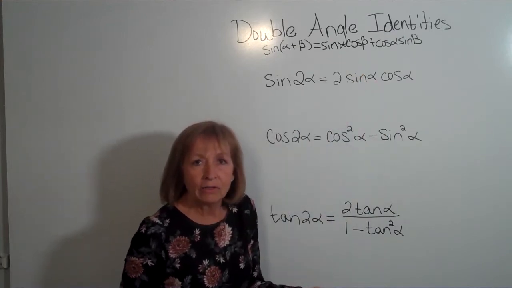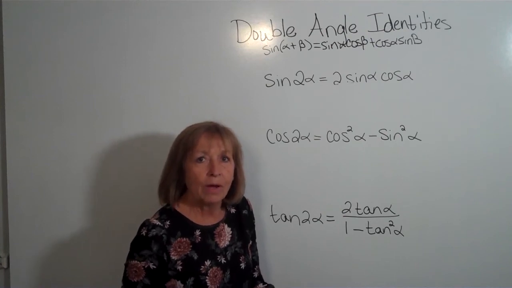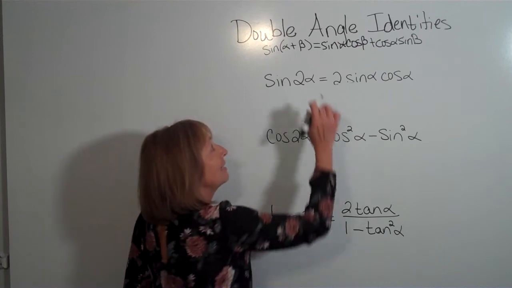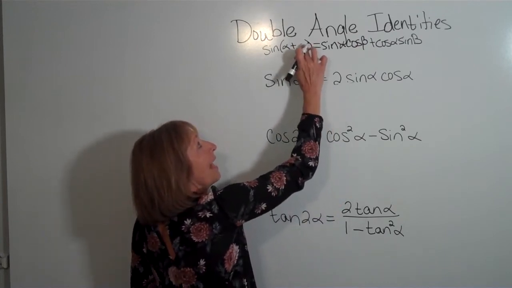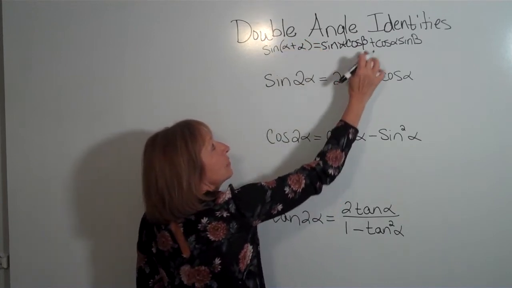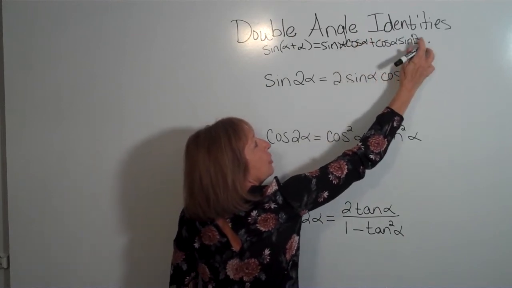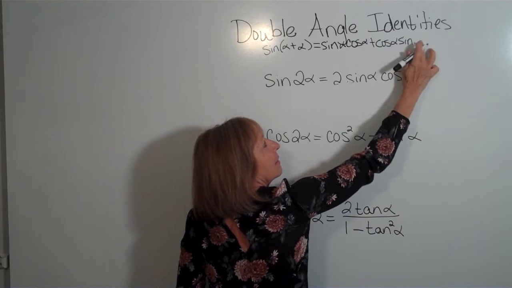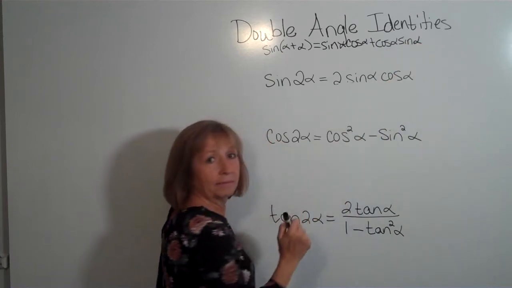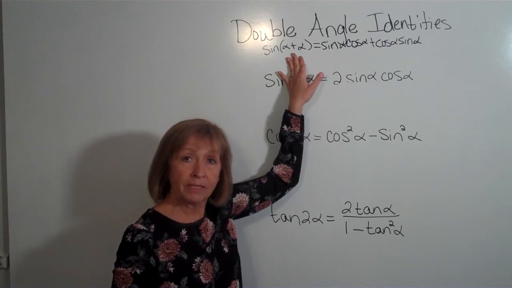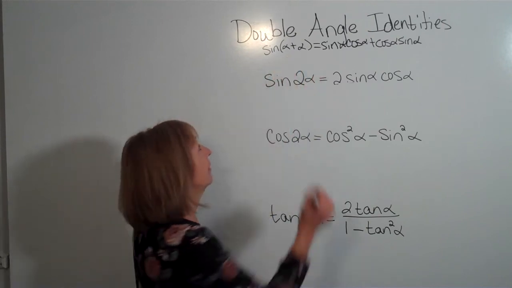Now, what if the angles are exactly the same as each other? What if instead of the sine of alpha plus beta, it's the sine of alpha plus alpha? So I'm going to change all the betas to alpha to make this generalization. Well, in the parentheses, alpha plus alpha is 2 alpha.